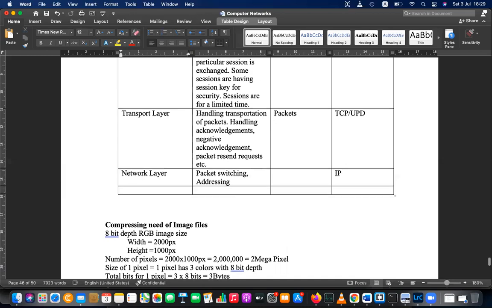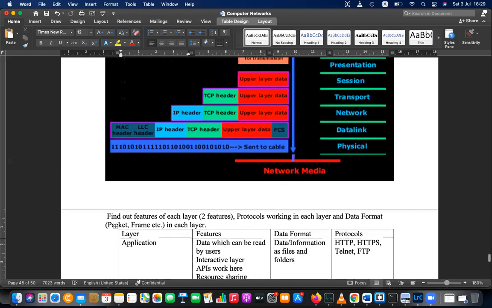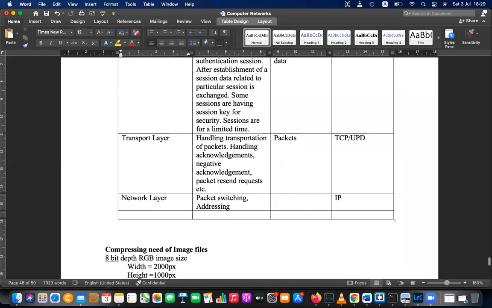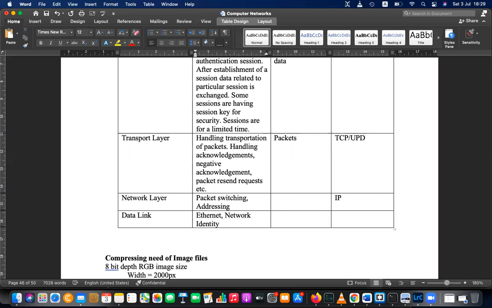After the network layer, you have the next layer, that is the data link layer. Frames, Ethernet, network identification, network identity cards work here.